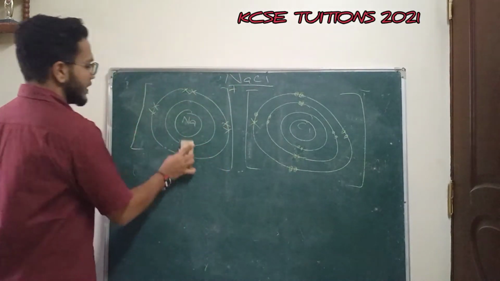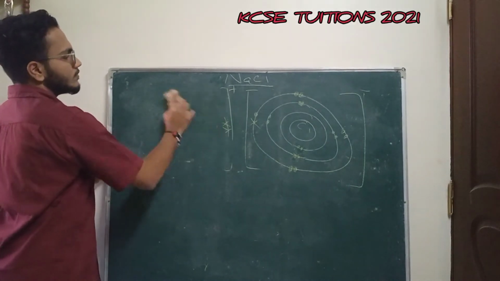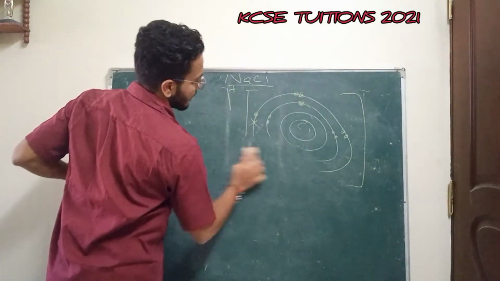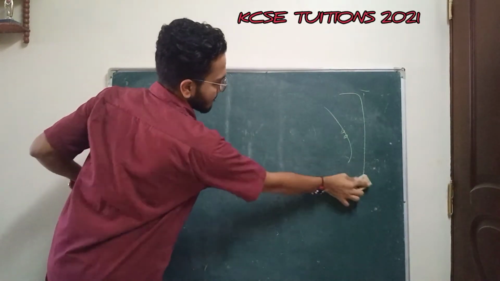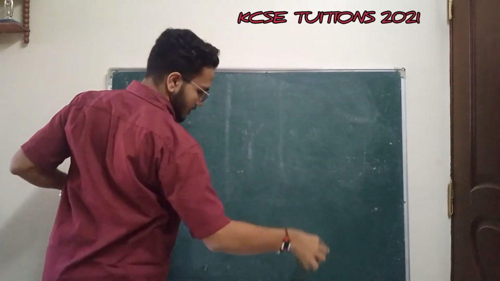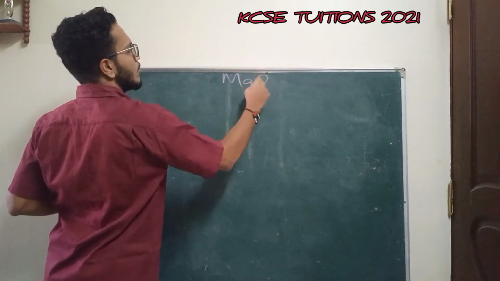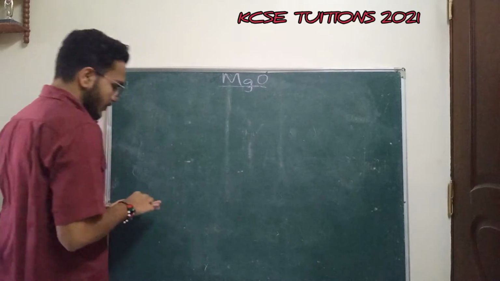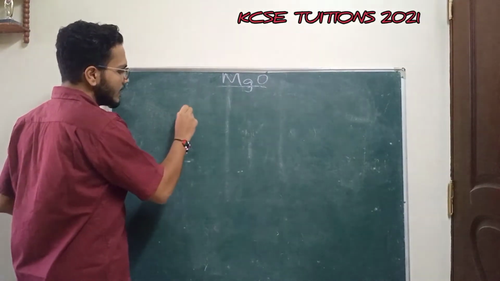Another example is magnesium oxide. So we have magnesium oxide, MgO. We draw magnesium. The metal always comes first, followed by the non-metal.